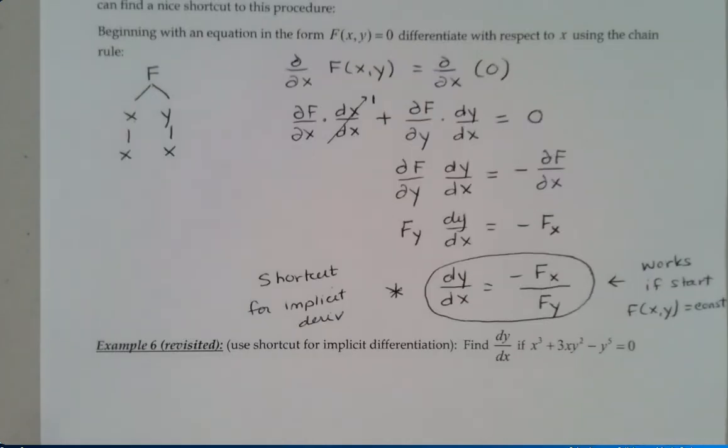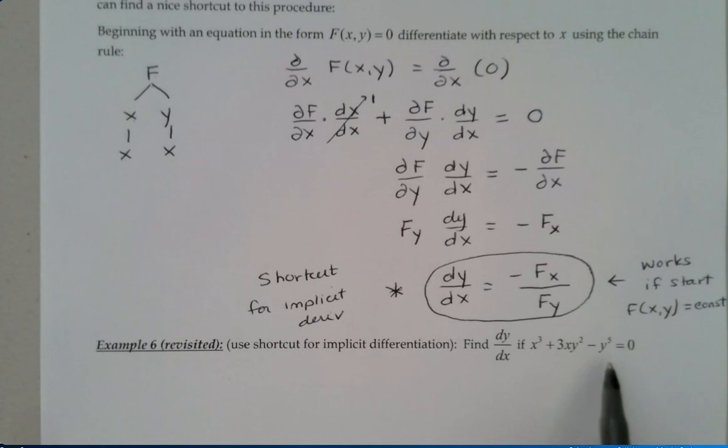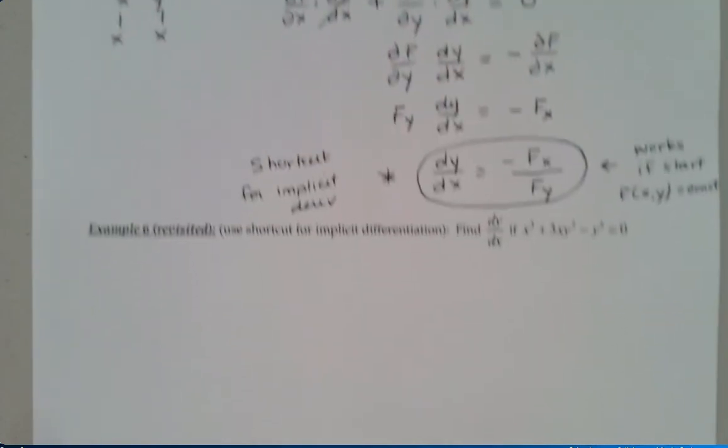All right, we're going to go ahead and use that. And I'm now going to redo the same problem that I just did in example 6 before, so I'm now revisiting that example. And we're going to go ahead and do it using this nice shortcut.